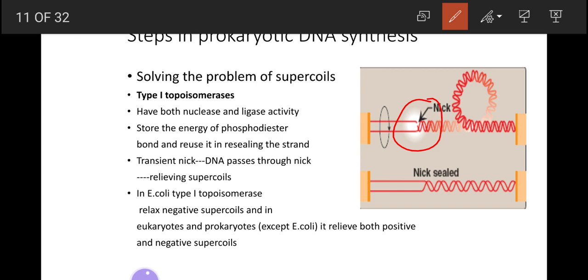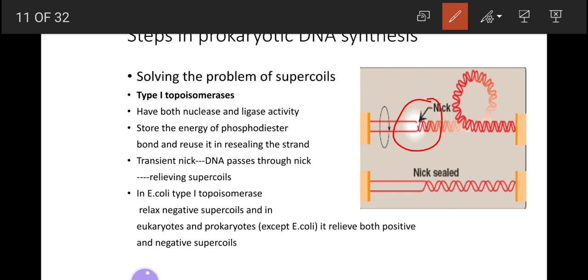This process, the production of the nick and relaxation of the supercoils, does not need ATP, but it uses the stored energy of the phosphodiester bond which was broken, and this energy is used in resealing the strand.